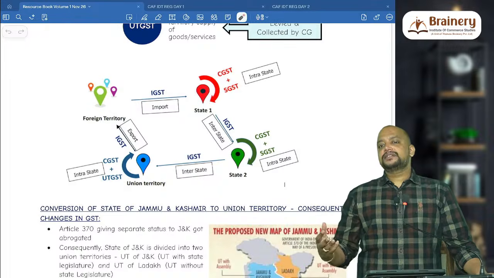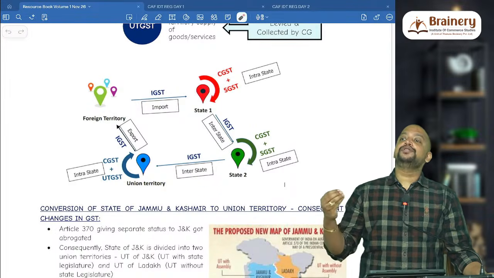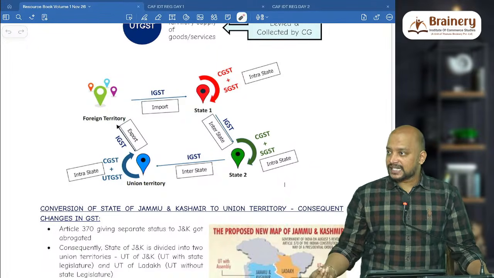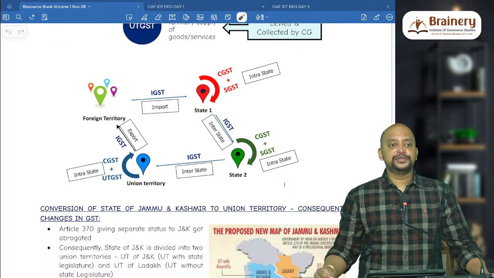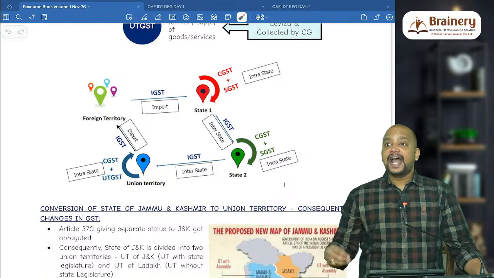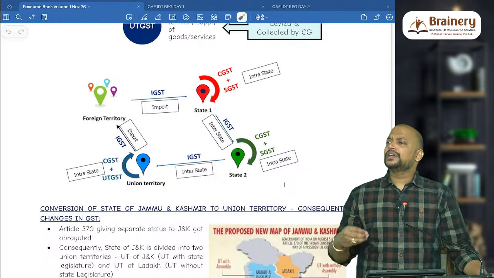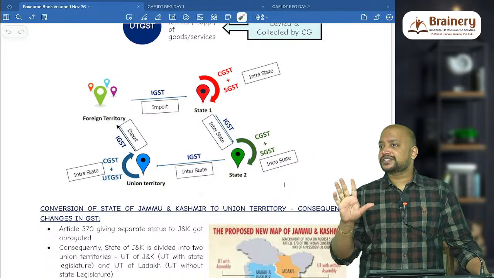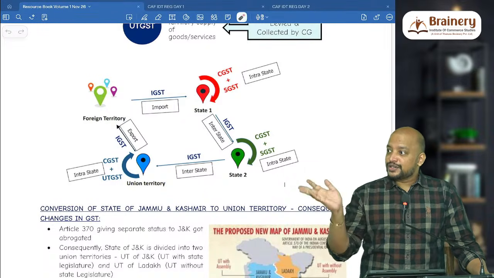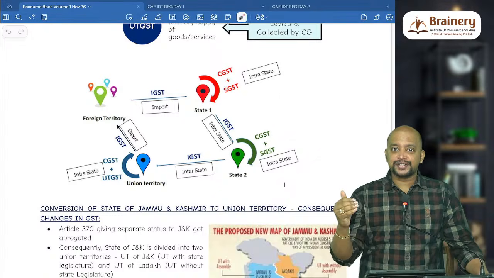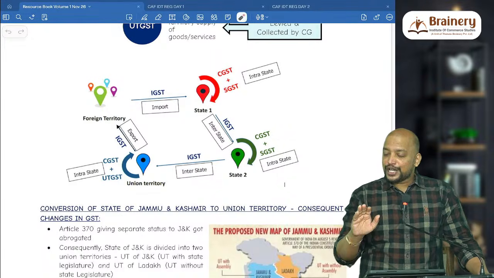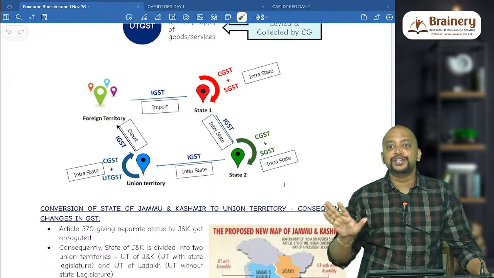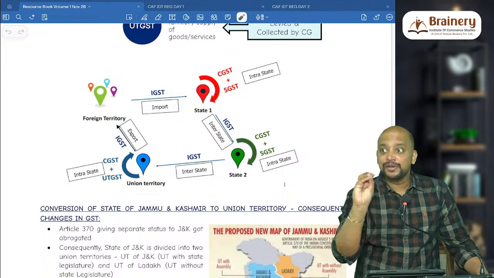In customs, there are a lot of customs duties, like basic customs duty, social welfare surcharge, anti-dumping duty, safeguard duty, anti-subsidy duty, and like that a lot of customs duties are there. But each and every customs duty is not one. There are multiple components, and when we do the computation of customs duty, you will know one full page it will take to compute the customs duty. You understood? That many things are there.